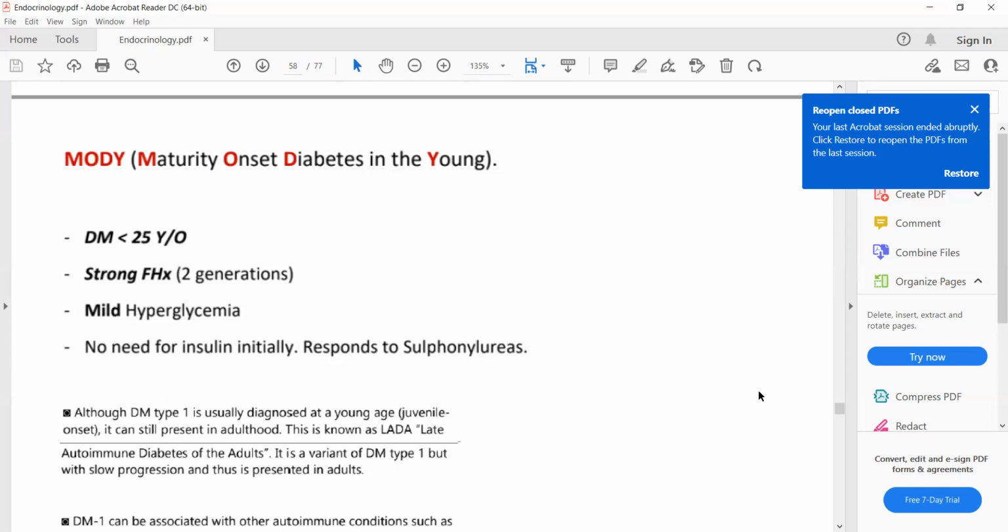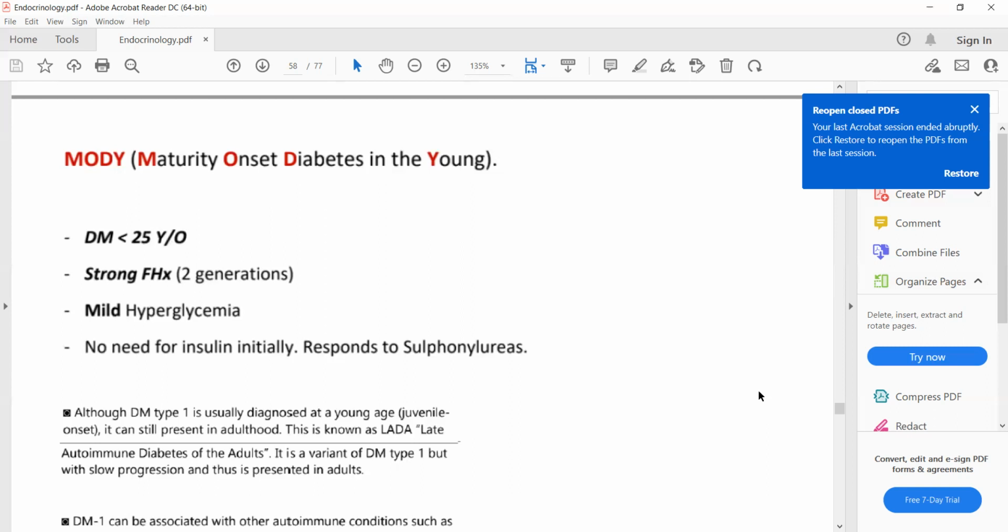Now, type 2 diabetes in young people is MODY, and type 1 diabetes at a young age is LADA, late autoimmune diabetes of the adults. Type 1 diabetes usually manifests in the childhood.